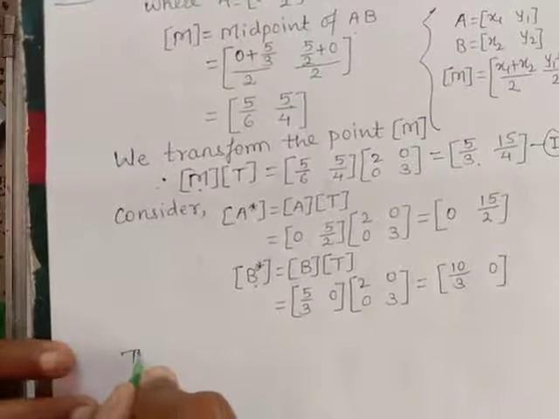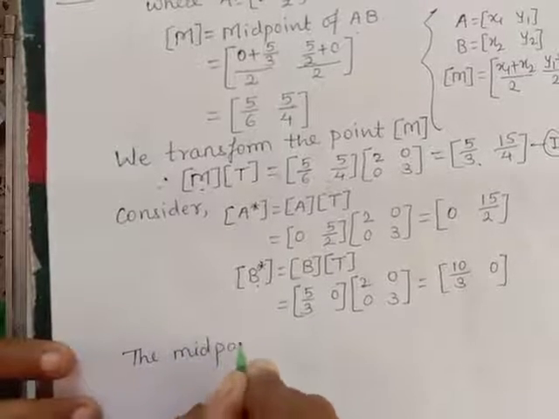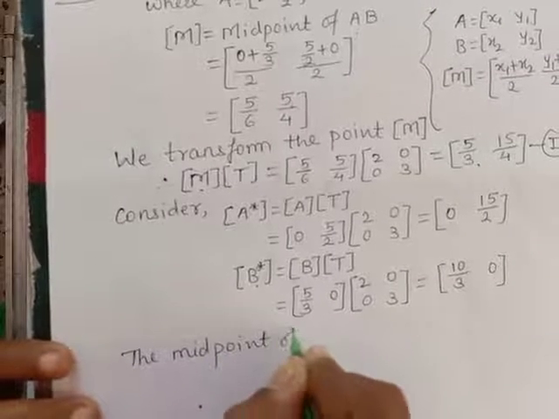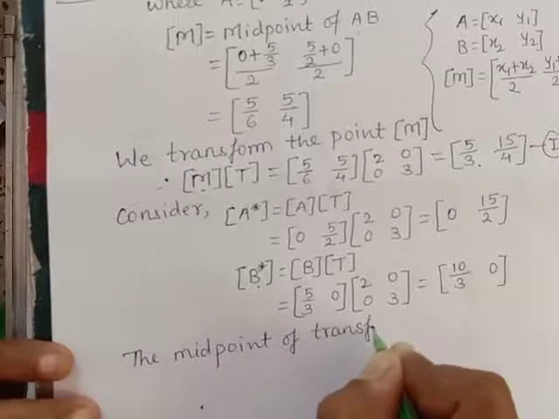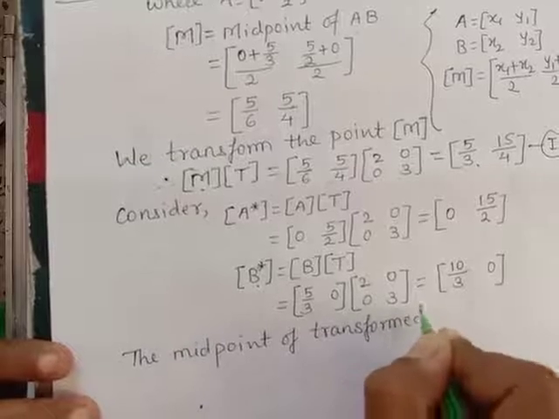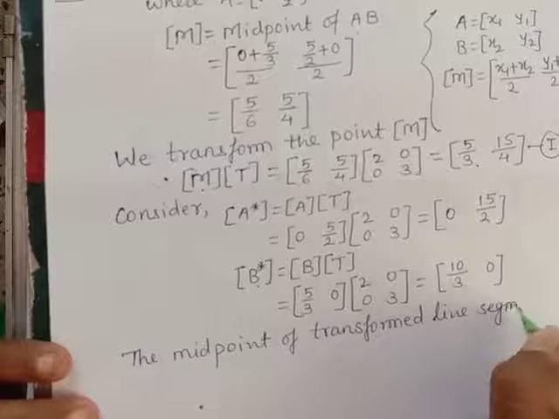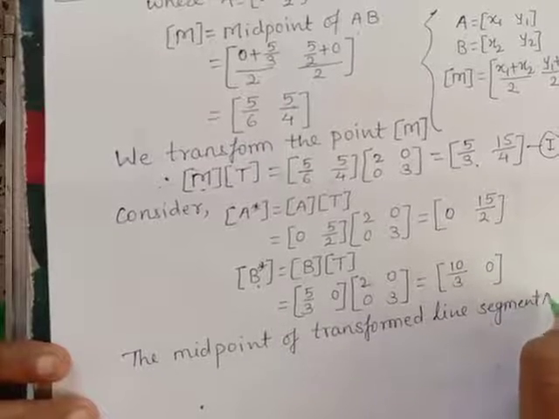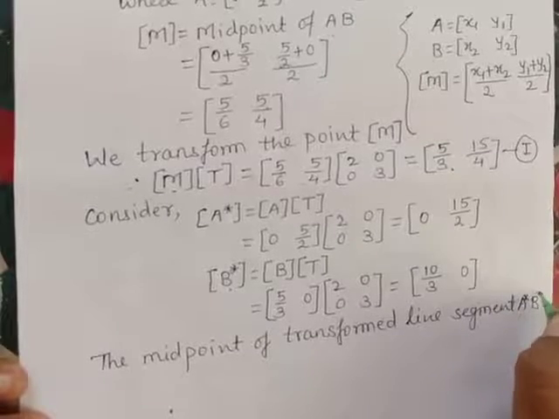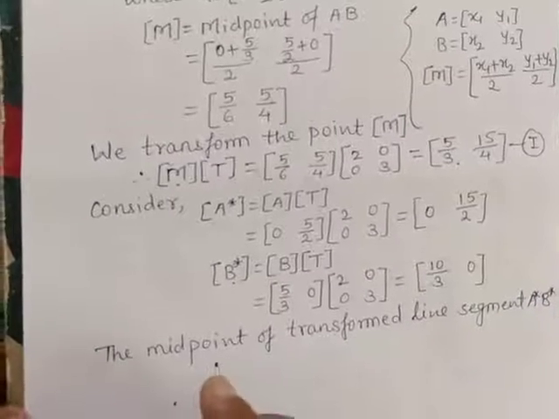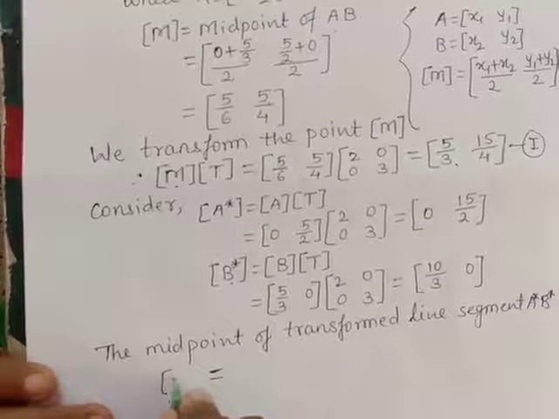The midpoint of the transformed line segment A star, B star, let it be M star.